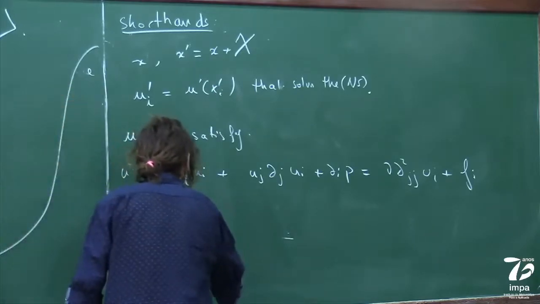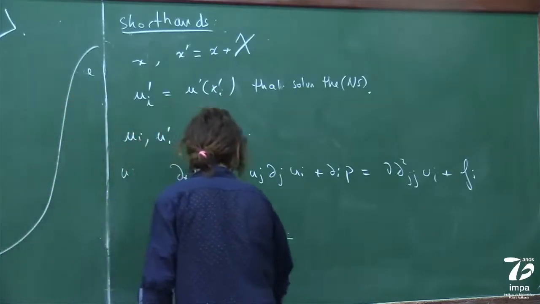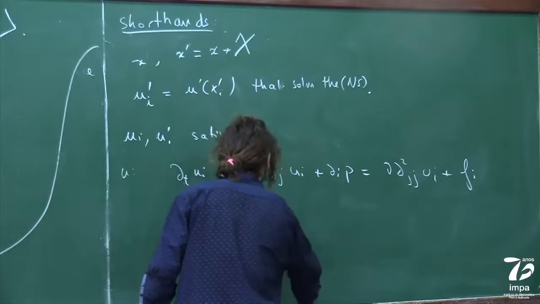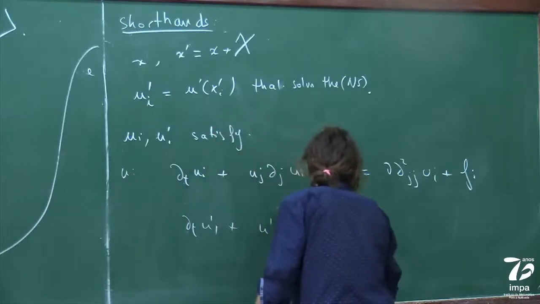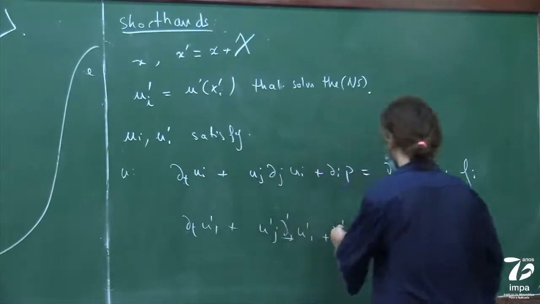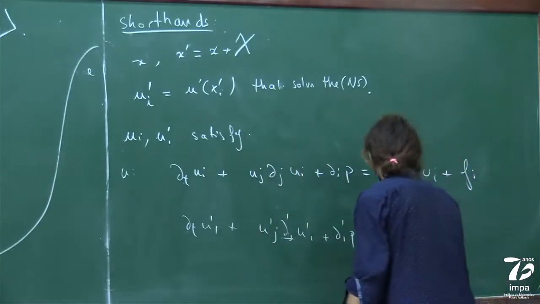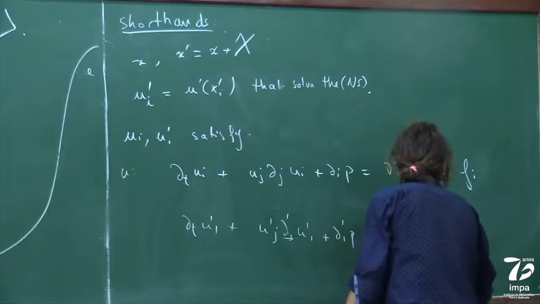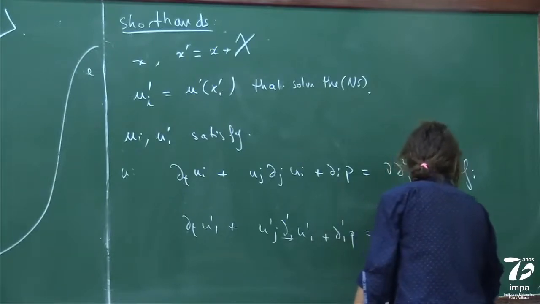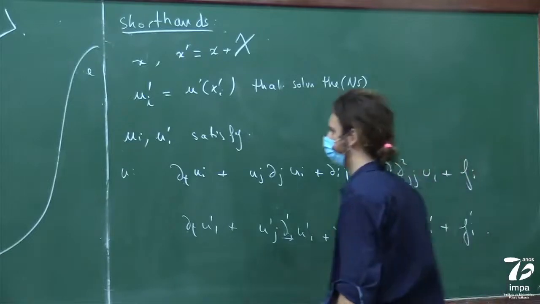The second one is the same with prime everywhere: u prime_j ∂_j u prime_i plus ∂_i p prime equals nu ∂_jj u prime_i plus f prime_i.